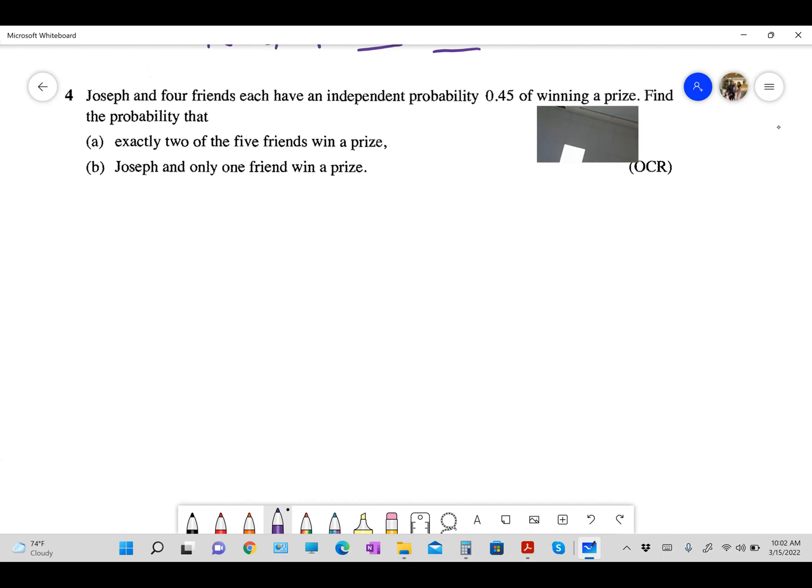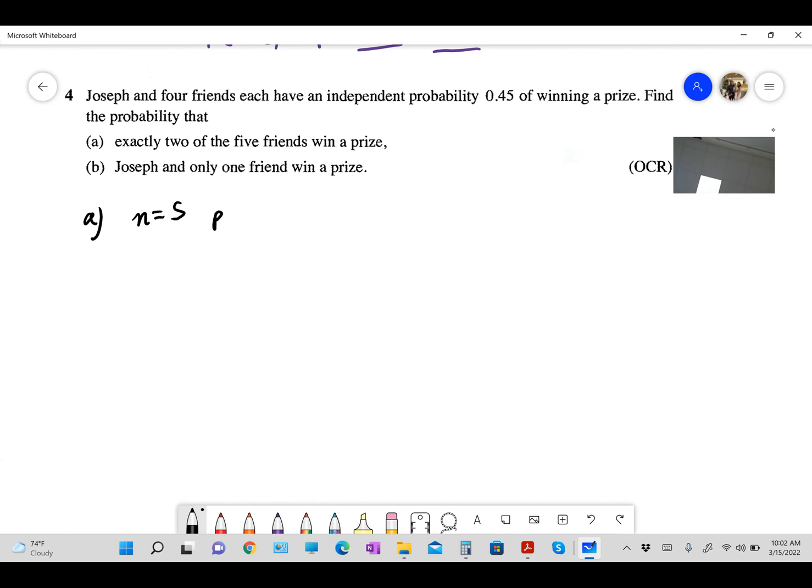So let's go ahead and do that. Part A here is fairly easy to do. N is 5. P is 0.45. Obviously, 1 minus P, or Q, is 0.55. And then X equals 2.